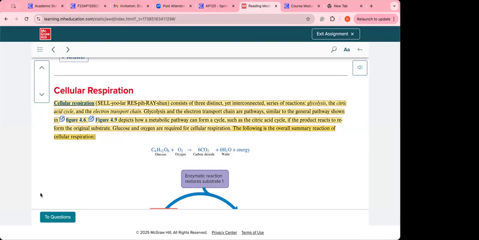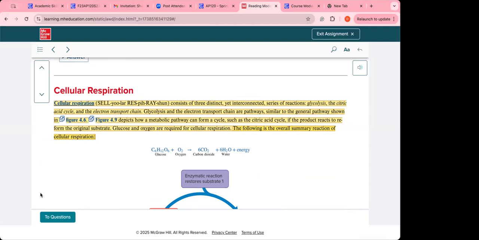The following is the overall summary reaction. So if you look at cellular respiration, it's given to you: glucose, which is C6H12O6, plus oxygen. So you put in glucose and oxygen, and you get carbon dioxide, water, and energy, or ATPs.